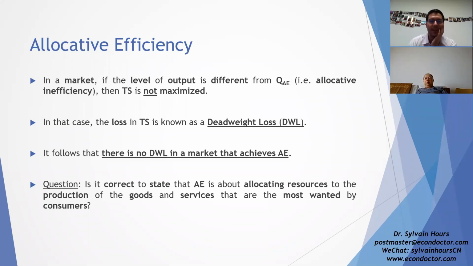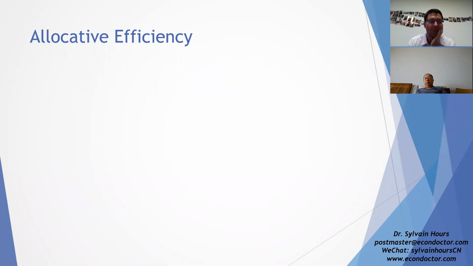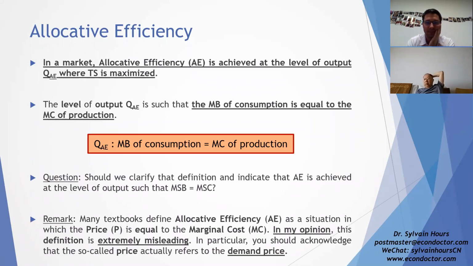Something else that I want to say, that to me is very important, probably one of the most important things that I want to say about efficiency. It's the last point here. Many textbooks define allocative efficiency as a situation in which the price is equal to the marginal cost.